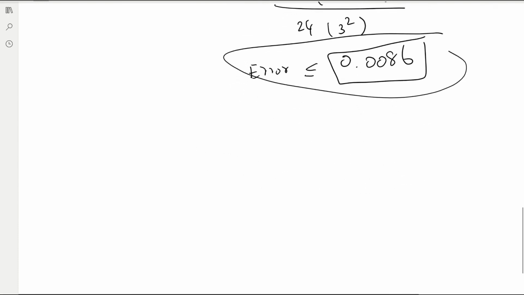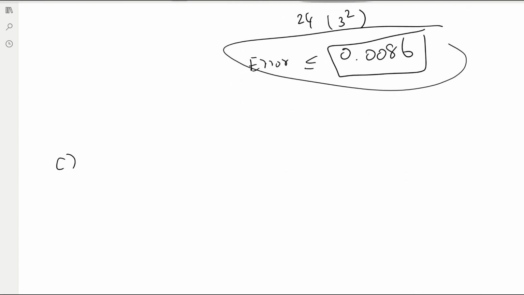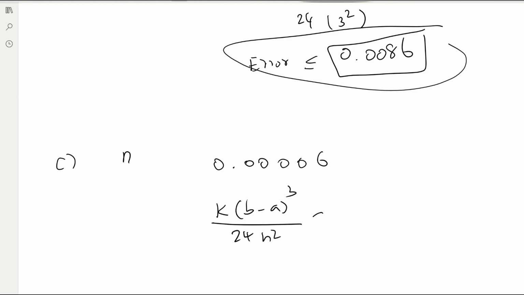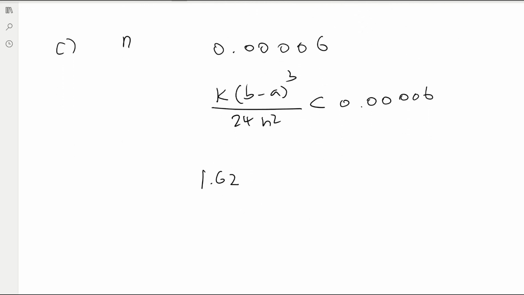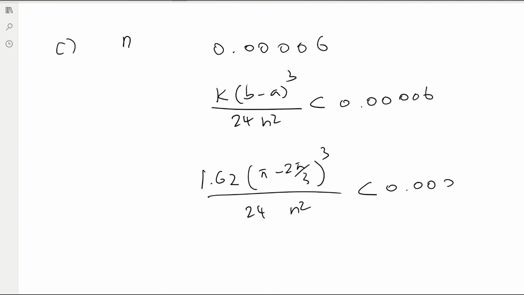Okay, so the final part is that now you need to determine n if you need to have 0.00006 error. So this is solving the problem in reverse. So k(b minus a) cubed over 24n squared should be less than 0.00006. Here k is 1.62, b minus a is pi minus 2 pi over 3, cubed, over 24n squared should be less than 0.00006.